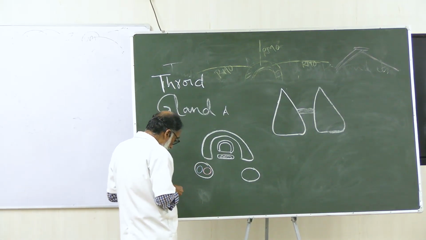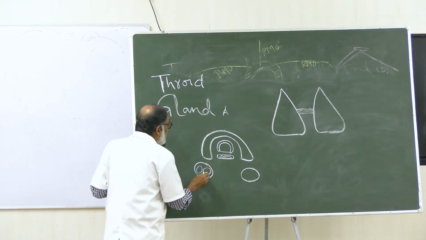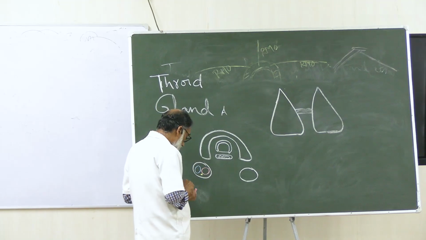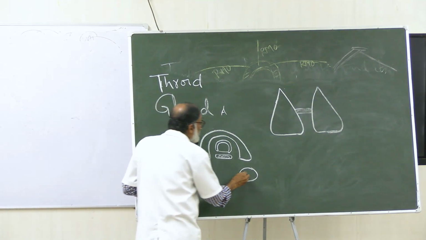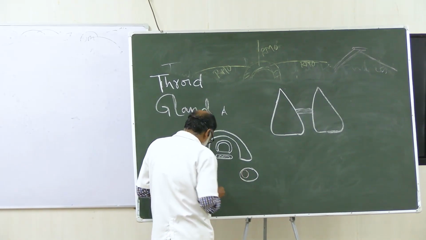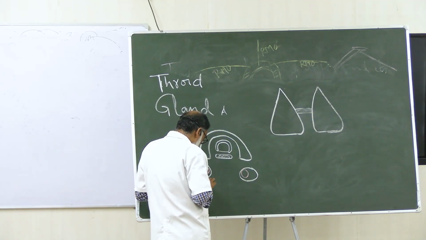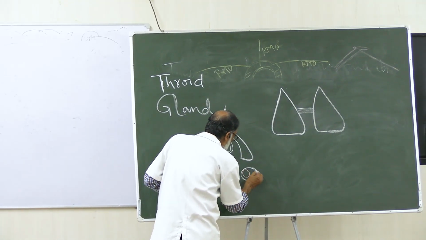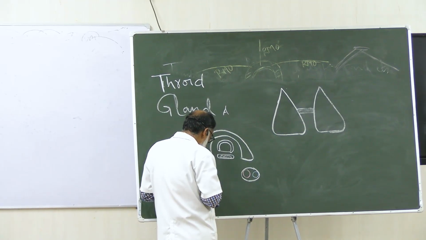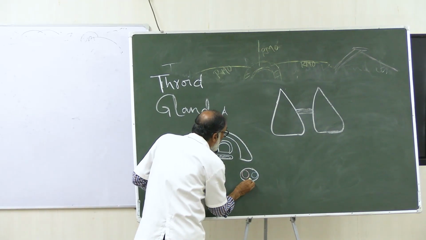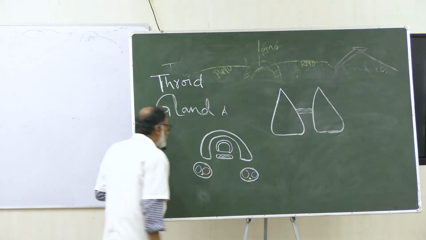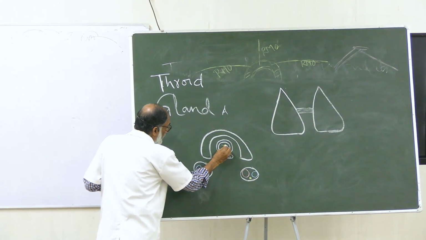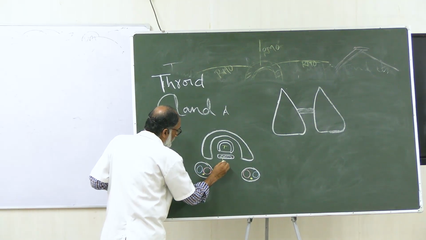And behind lies the vagus nerve. Medially lies the common carotid artery, then the internal jugular vein, and behind lies the vagus nerve. Right? This is trachea, this is esophagus.